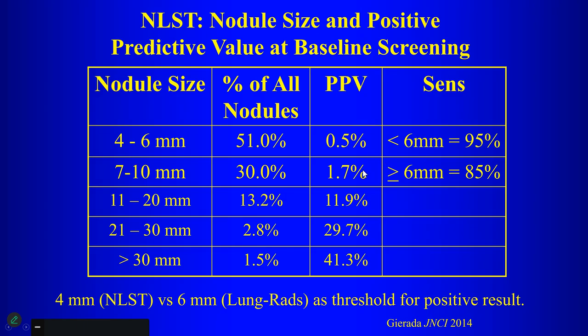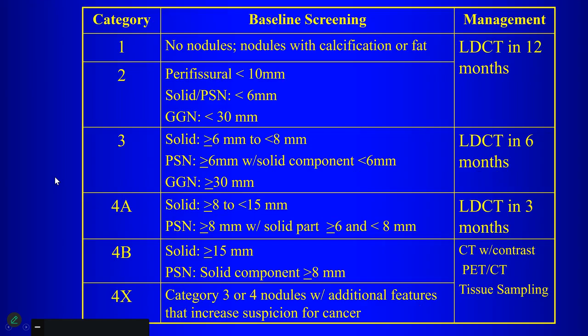And once you get more than 6 millimeters, then it goes up a little bit more. So that's why for Lung-RADS, the threshold for a positive result for a solid nodule, what is going to change the management, 6 millimeters. If the nodule is 6 millimeters or greater on a baseline study, that is going to change the management for that particular patient for a solid nodule.